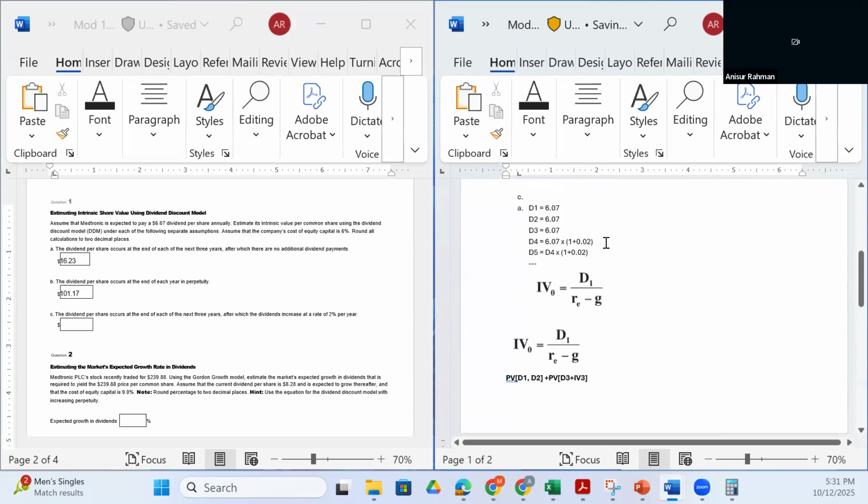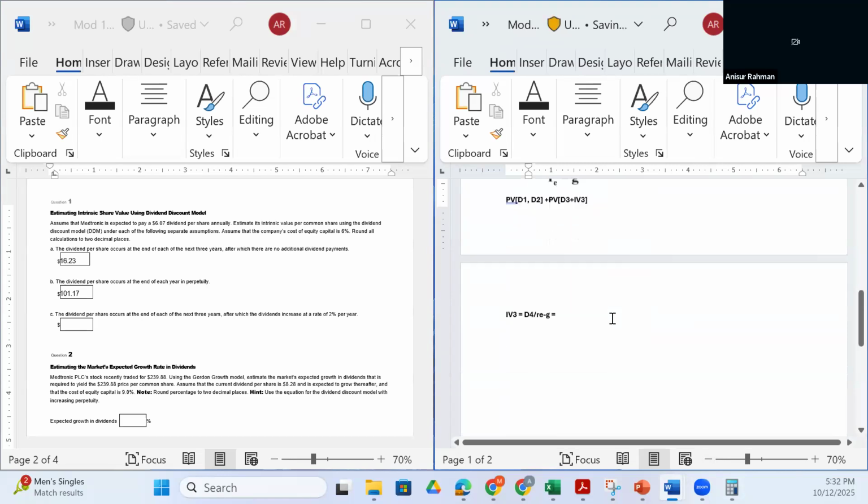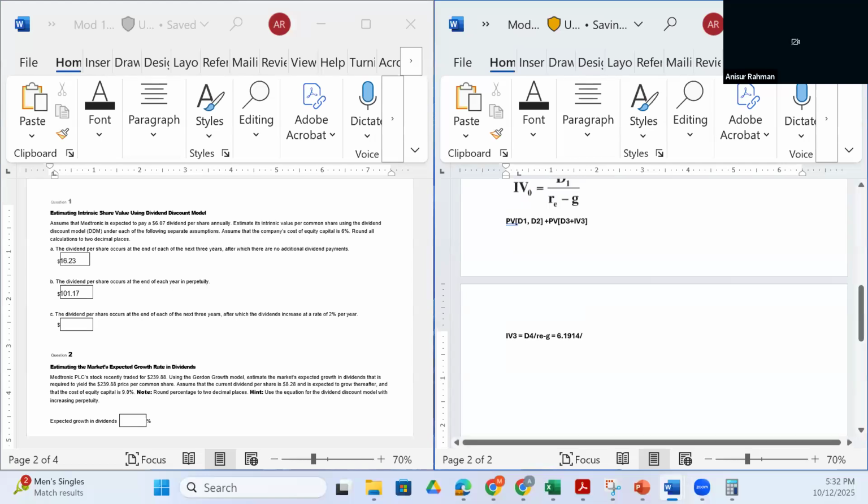Our dividend 4, we already wrote it down here, is 6.07 times 1.02, which is 6.1914, divided by our cost of equity, which is 6%, minus the growth rate, which is 2%.